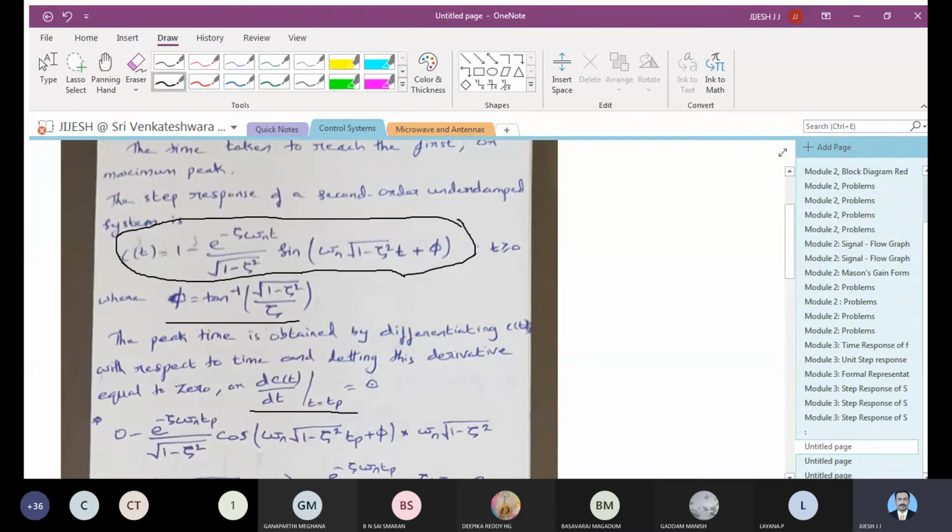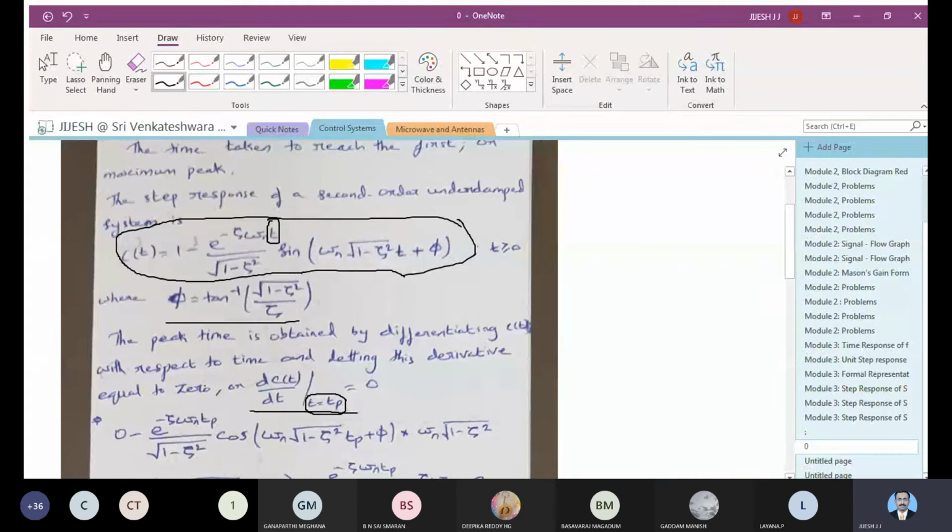When you differentiate the equation for C of t, dC of t by dt, you will end up with this: 0 minus e to the power of minus zeta omega n Tp. I have replaced t with Tp. Wherever t is there, I have to replace it with Tp.